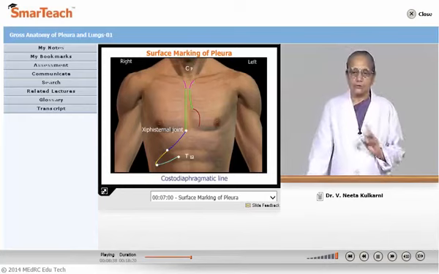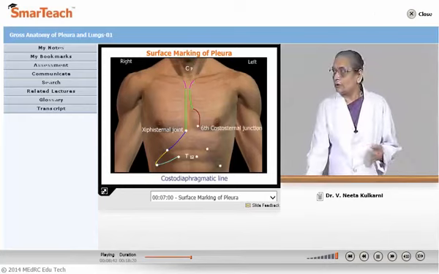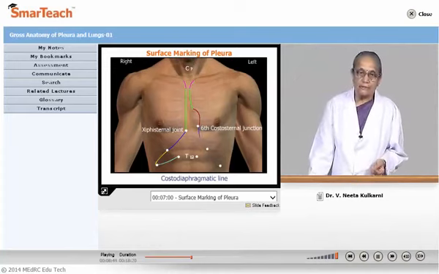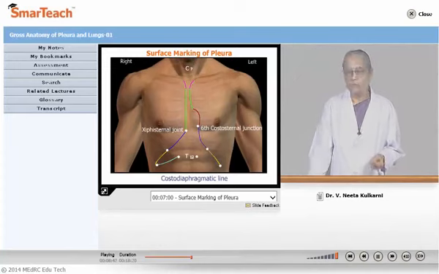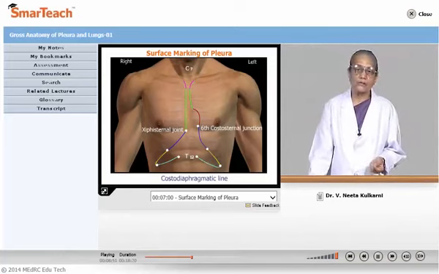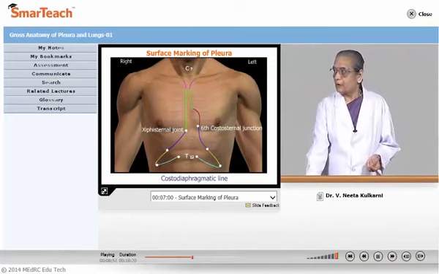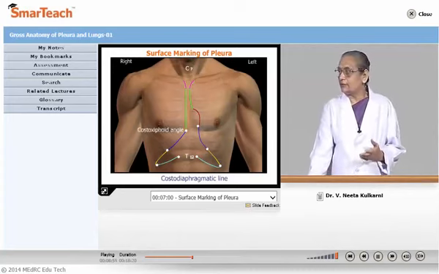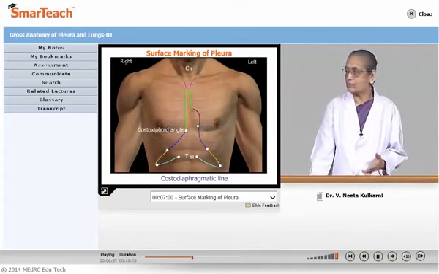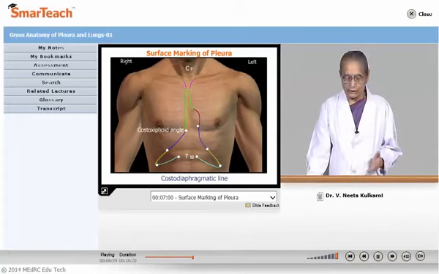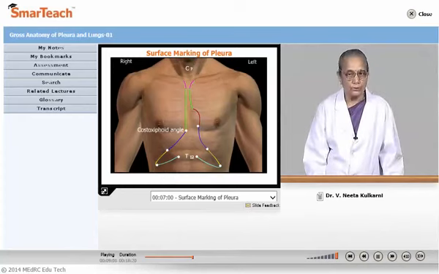It ends 2 centimeters lateral to the 12th thoracic spine. On the left side, the costodiaphragmatic line begins at the 6th costosternal junction and then passes through the same points as on the right side. Please note that the inferior line extends below the costoxiphoid angle on the right side, but not so on the left side.